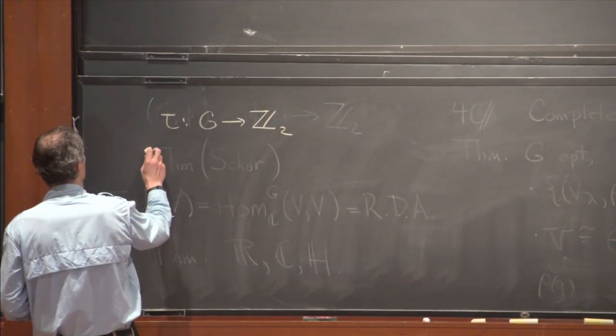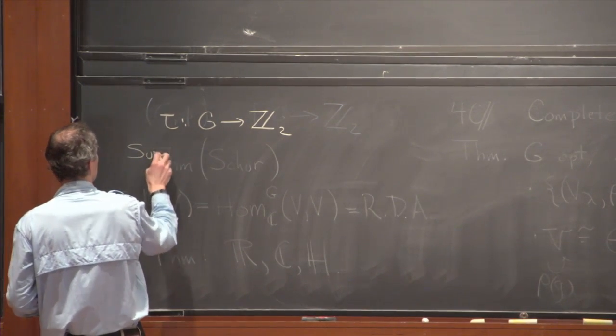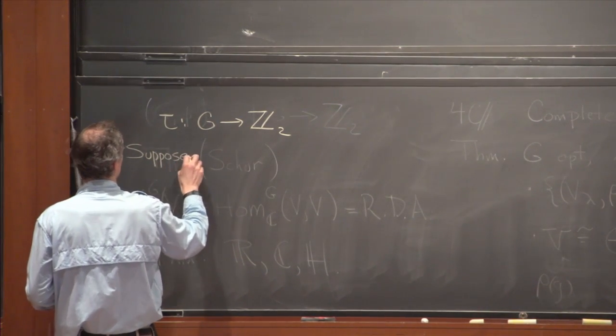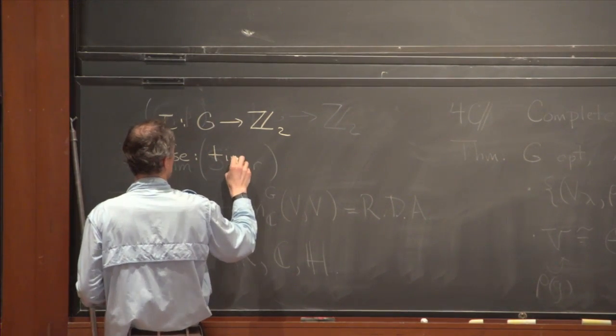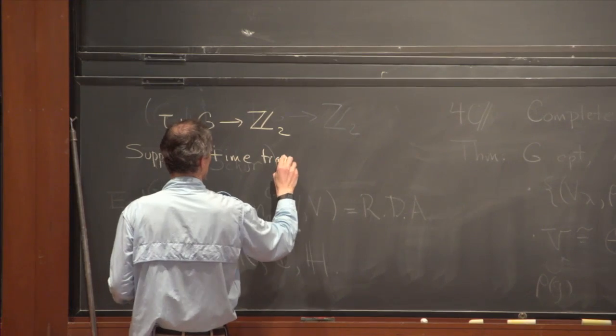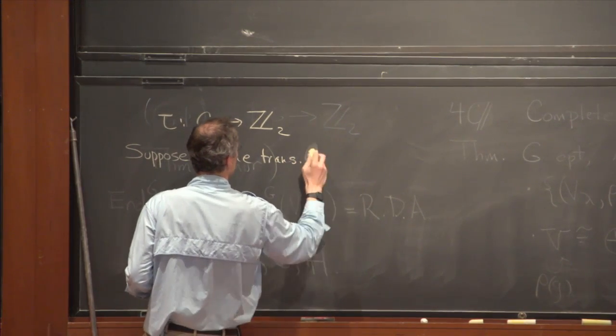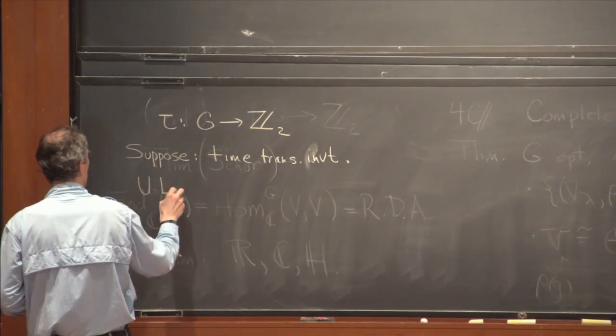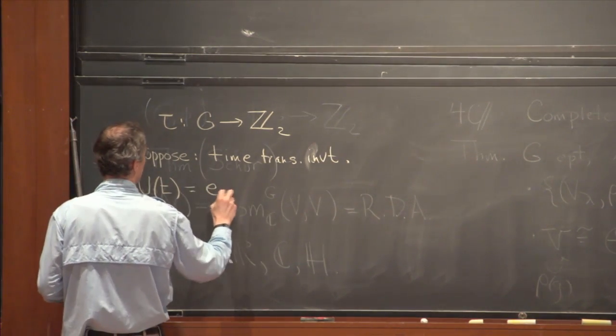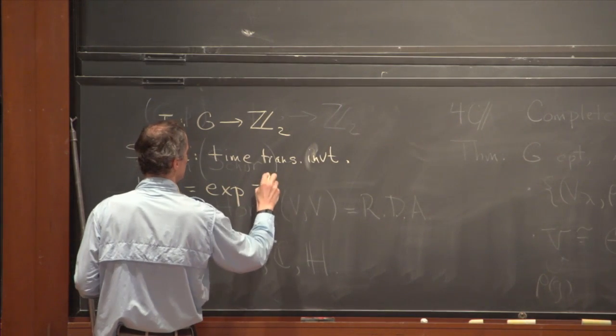Now let's suppose, for simplicity, that our system is time translation invariant. And then unitary evolution is generated by a self-adjoint Hamiltonian.